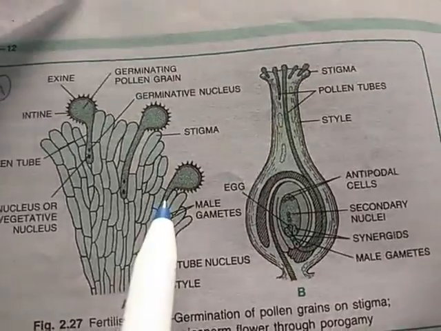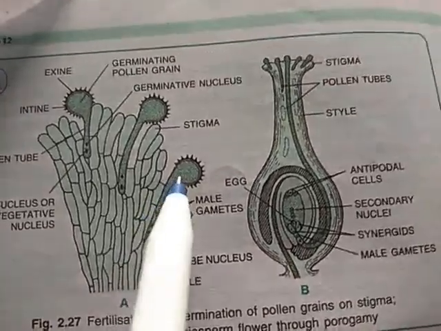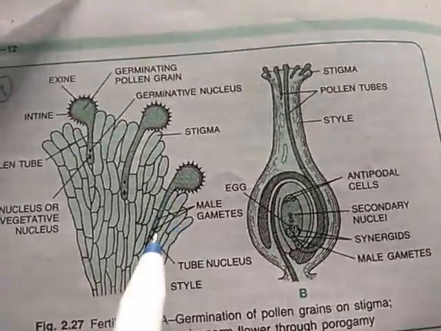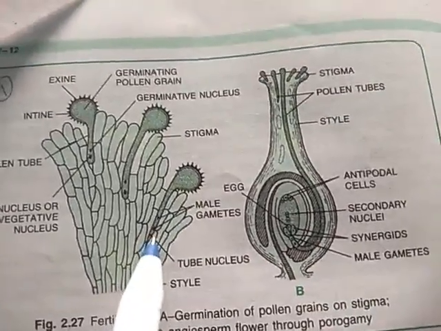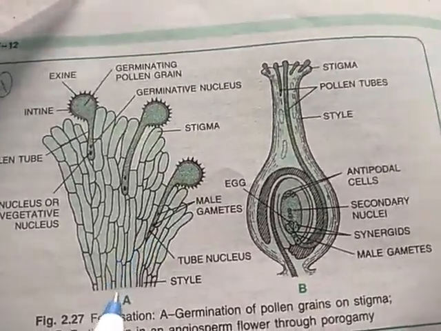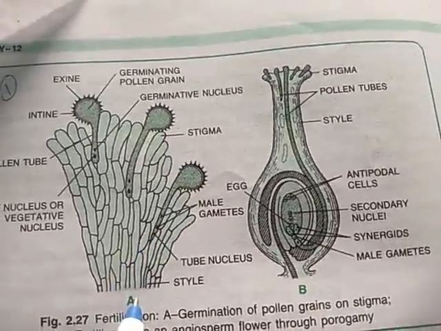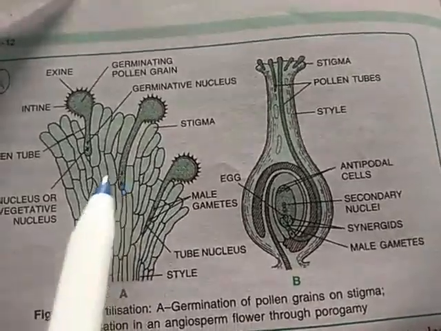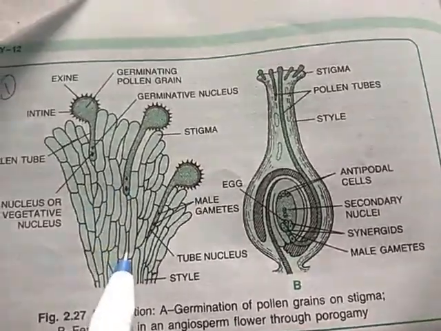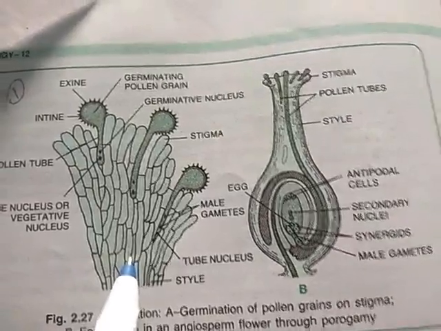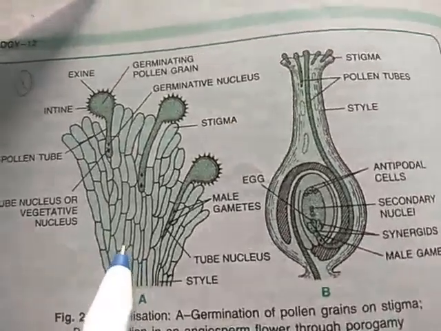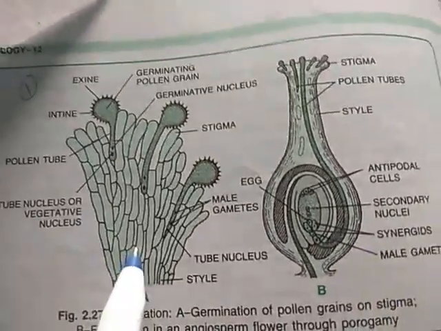Now, as I've already discussed with you all, the pollen tube contains the male gametes, and these male gametes are going to go till the ovary. Now, the entry of pollen tube into the ovule generally takes place by 3 ways.